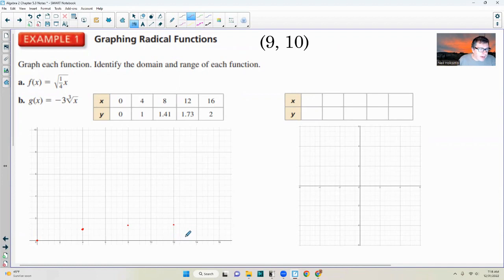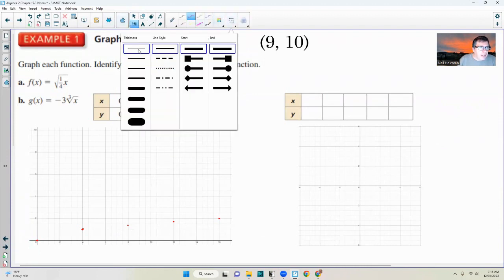Then 16 brings me up to 2. So it's a really slow growing function. Actually, this is 1.5, so that point was a little low. This is 1.5, not 1.75, so 1.73 would be more like here.